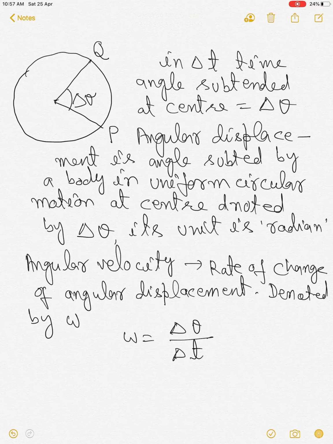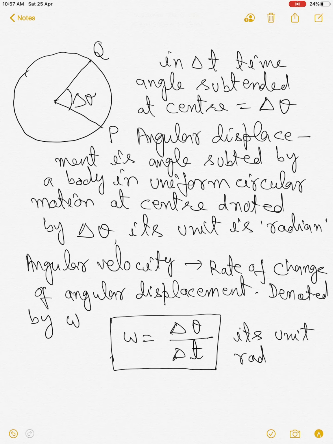Delta theta is the angular displacement, so the rate of change of angular displacement is called angular velocity. Its unit is radian per second.